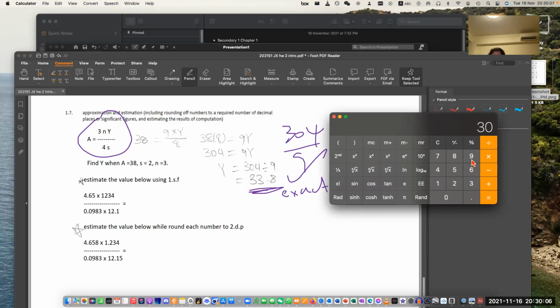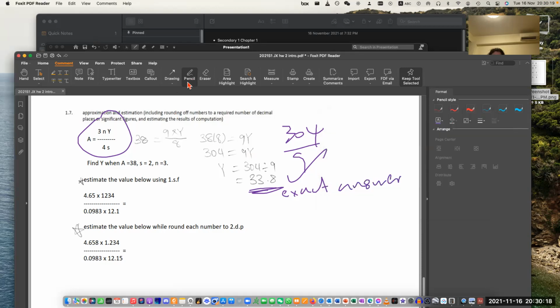Okay, it's 304 divided by 9. So it's not exact. In fact, you could have done this because I see the pattern already. It's 7777 all the time. So what you could have done is write 33.7 and then put a dot on top. So this is one way, and then of course you can express it as a proper fraction.